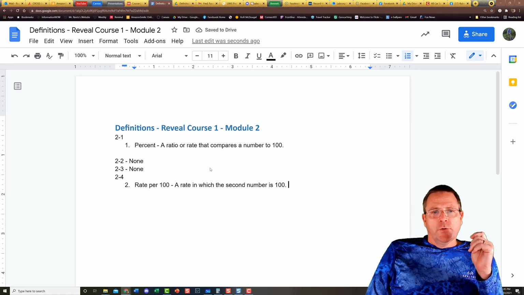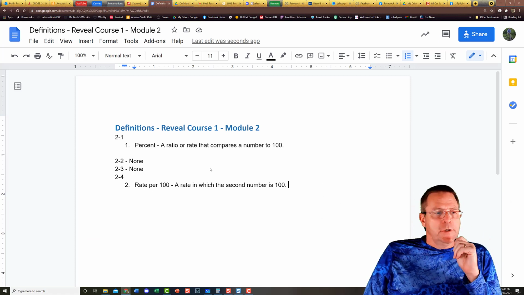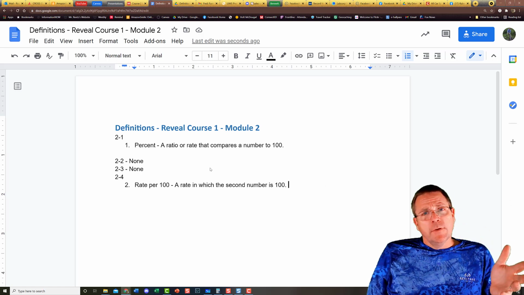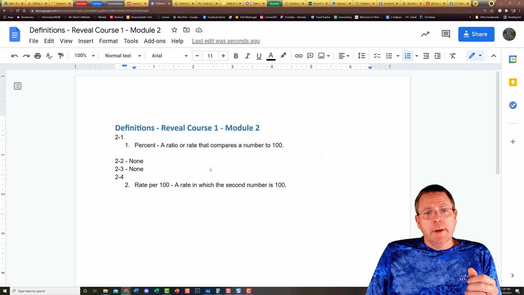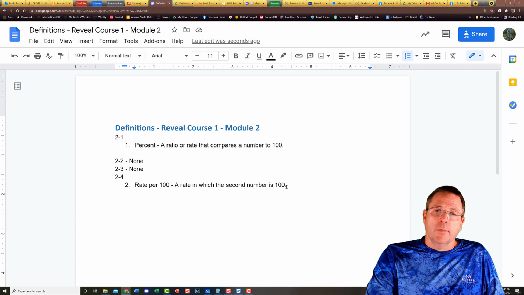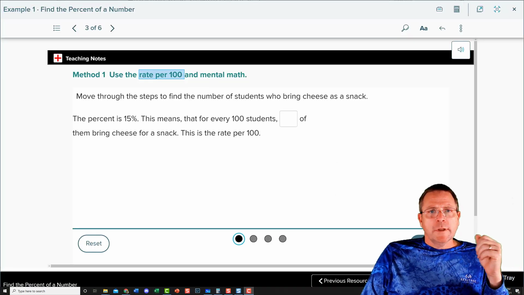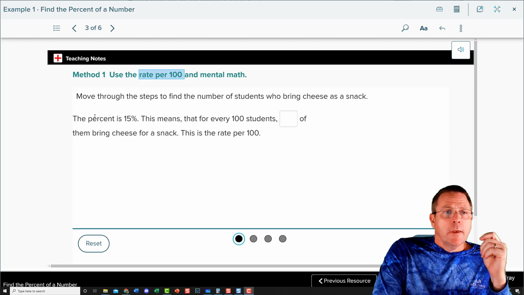So we jumped over to our definitions page, and on our definitions page we can see that a rate per 100 is a rate in which the second term or second number is 100. Think about this like the unit rate. The unit rate, the second number was 1 unit. For this one, the second number is going to be 100 units. So let's keep moving through our steps here.